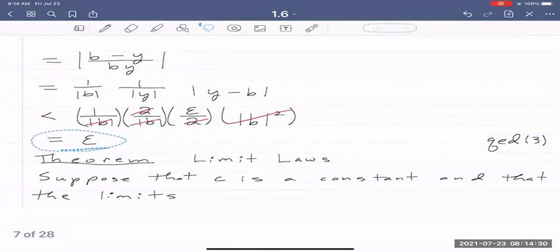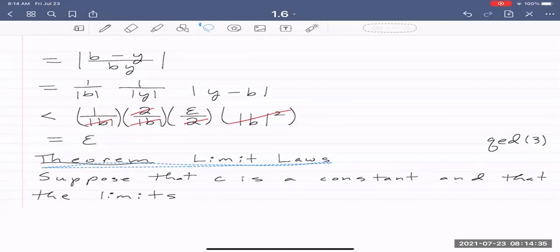So let's use this lemma to prove that gigantic limit law that we proved in section 1.7.